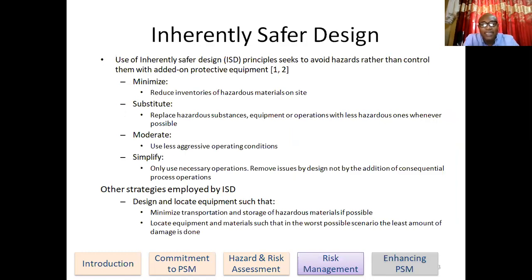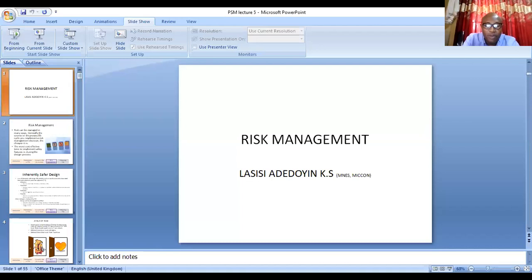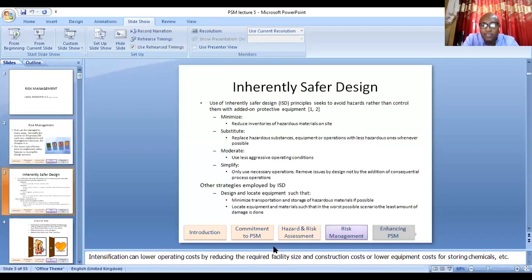Inherent safety design is another way you can put things in place.